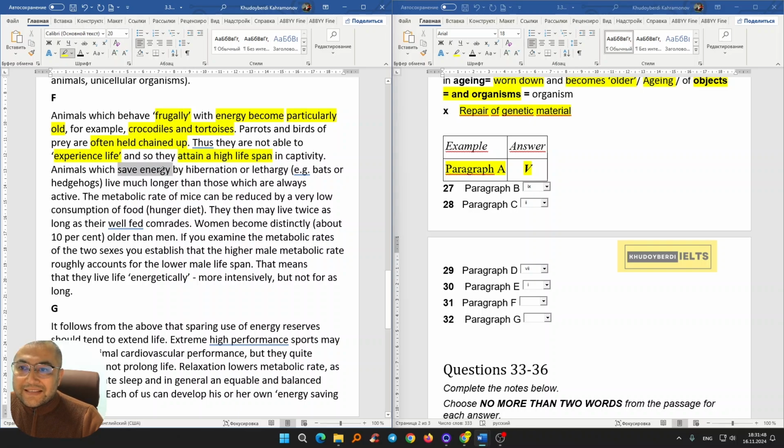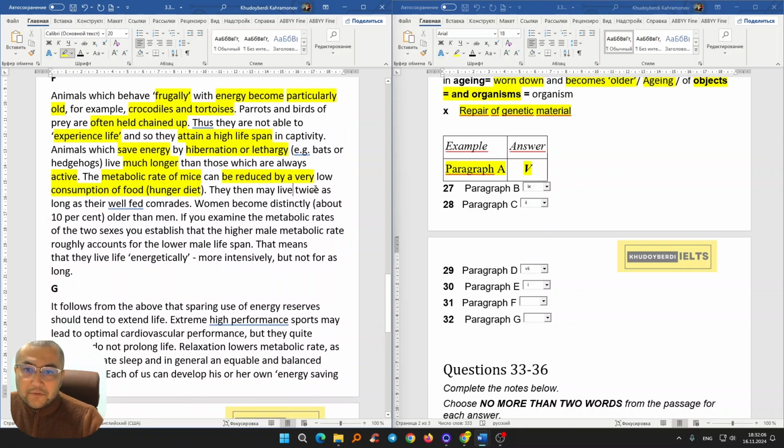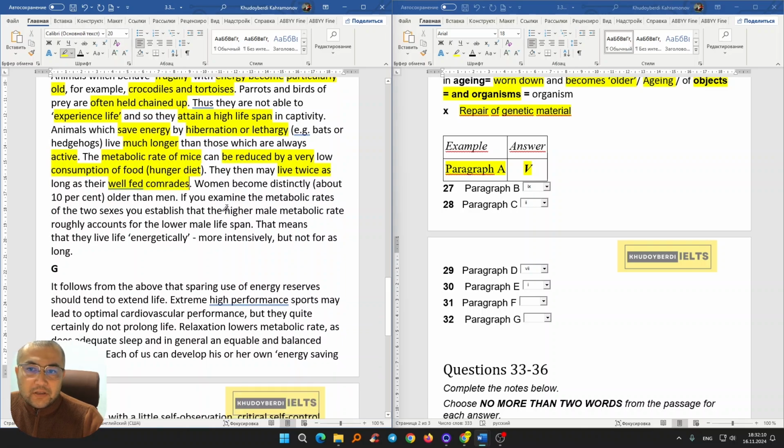Animals which save energy by hibernation and lethargy, bats or hedgehogs, live much longer than those which are always active. The metabolic rate of mice can be reduced by a very low consumption of food, which means a hunger diet. They then may live twice as long as their well-fed comrades.